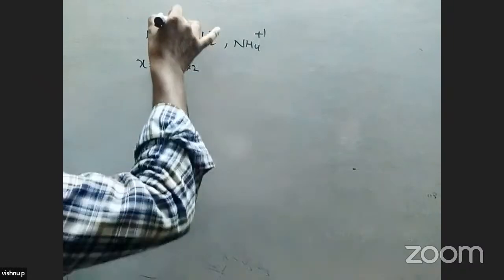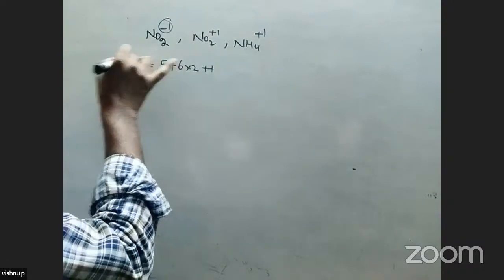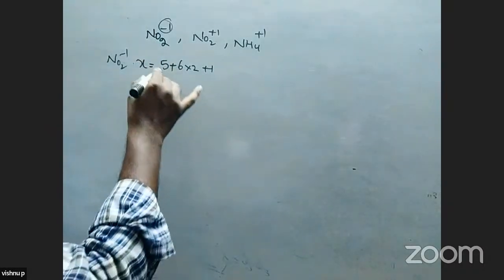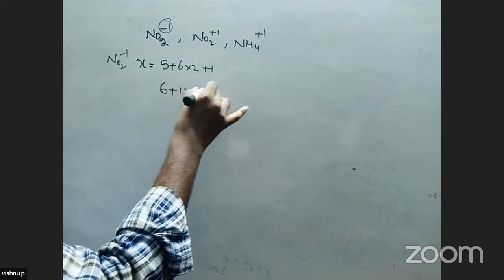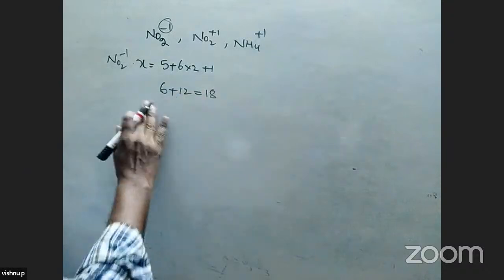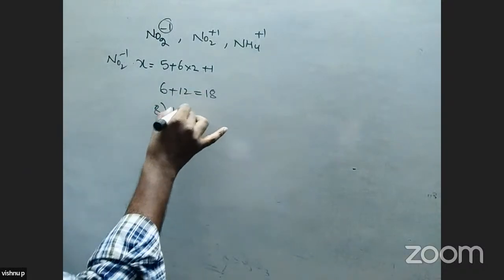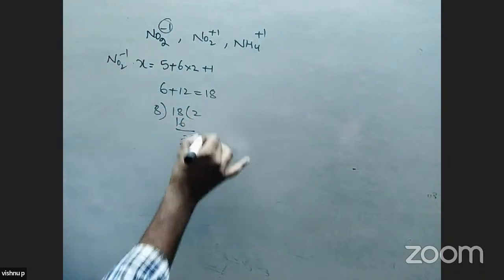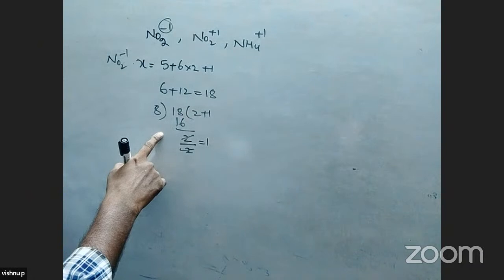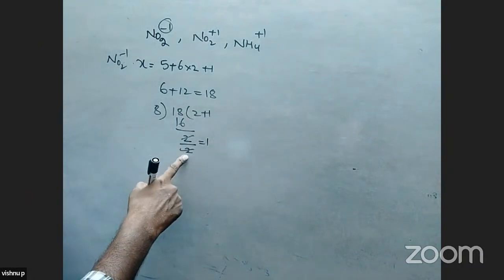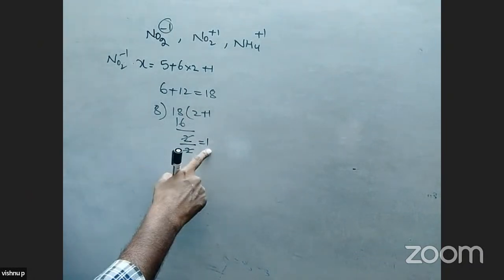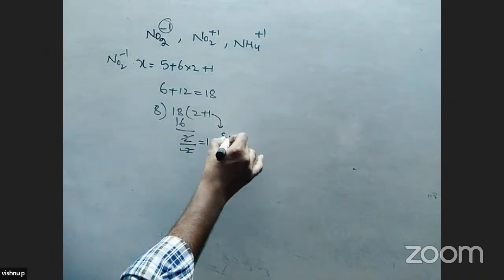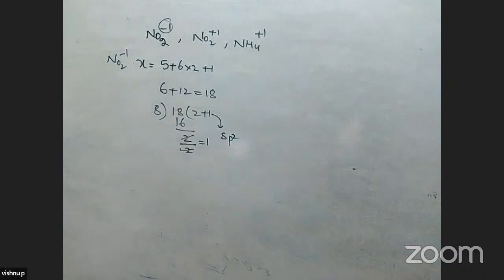On negative charge, we write +1. So 5 plus 12 plus 1 is equal to 18, and it is divided by 8. 18, 8 2s are 16, and 2 indicates a lone pair. The denominator indicates a lone pair, divided by 2 again, we get an even number only. We get the value 3, that is sp2 hybridization for NO2 -1.